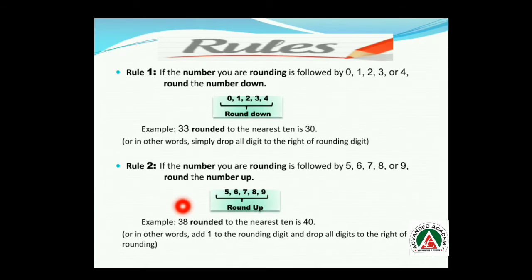If it is 5, 6, 7, 8 in this group, more than 5 or equal to 5, what will we do? We will just add 1. That means 3 plus 1 is 4, and we drop this 8 and it becomes 0. Okay, this is another way you can do this. But you know the round up and round down, so this is also a convenient way which you can follow.